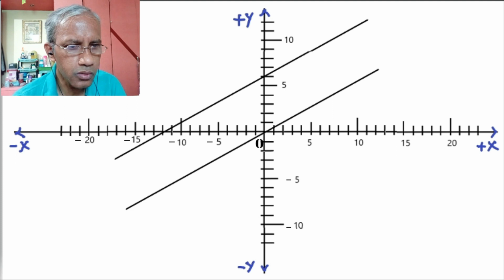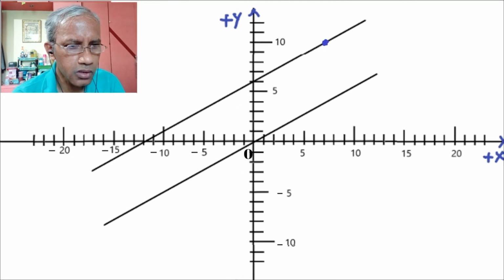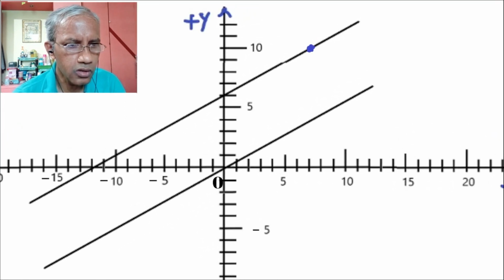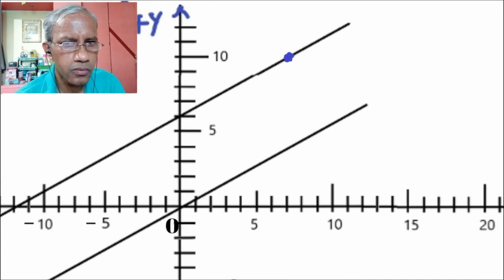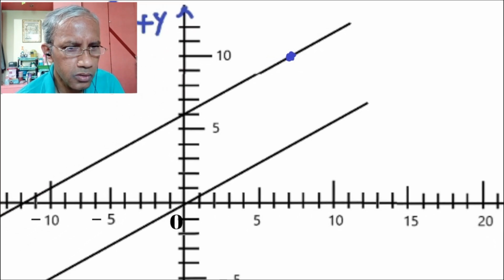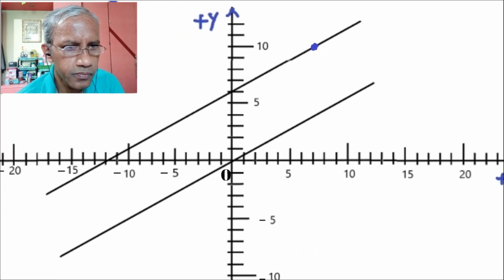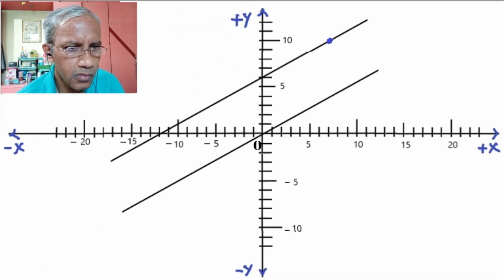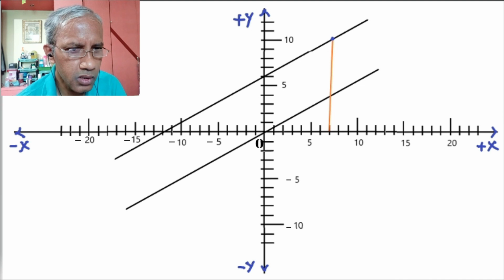And for that, we have to take some other coordinates. Let's say, for example, one point plotted and specified with the blue color, which is at a height from the x-axis, which is shown in the orange color.